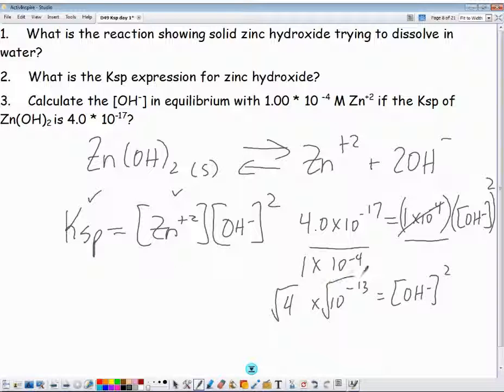That goes away. What's the square root of 4? 2. And then, how do I do 10 to the negative 13 raised to the 1/2 power? 6.5 negative.